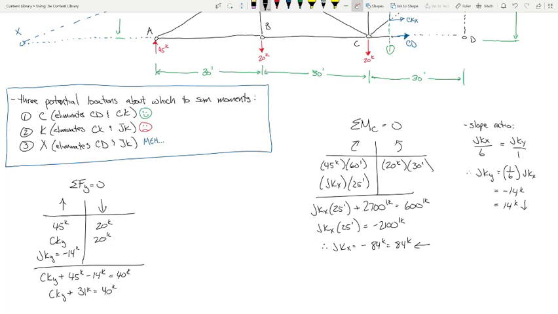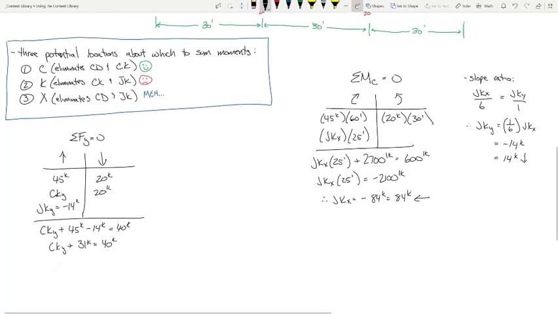Did I do that right? Therefore, CKY is plus 9 kips. So 9 kips upwards. Whether you put a negative 14 over here or a positive 14 over there, you get the same answer. Okay? So far so good?